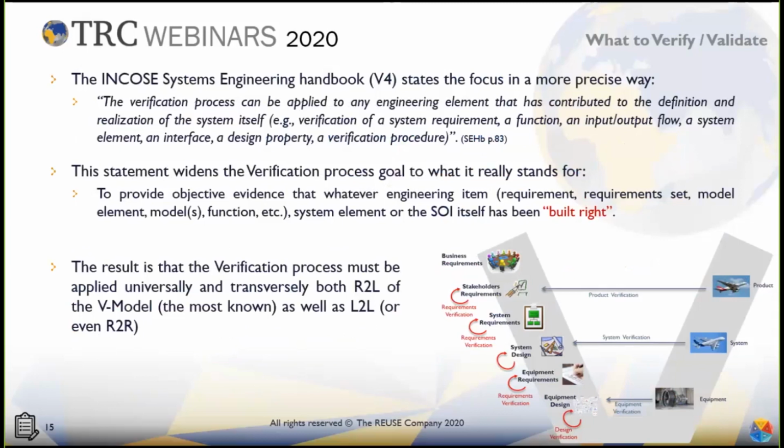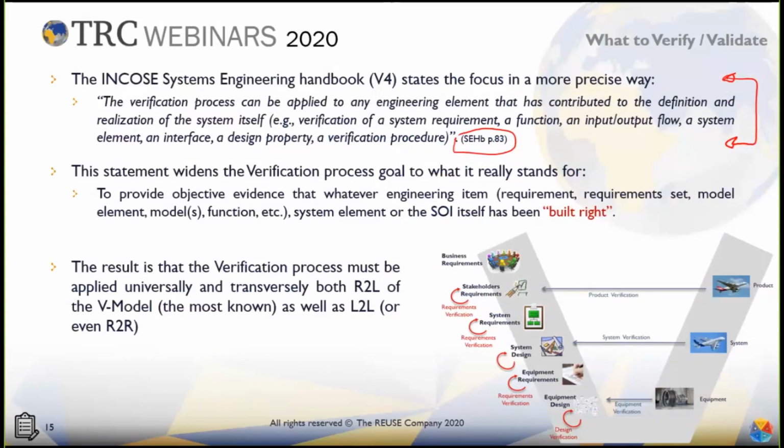So, what to verify? If we carry on reading after page 83 in the handbook, the next paragraph after the definition puts the focus on the fact that it is not only necessary to confront the system against the requirements. You can, and you should, do verification on every different work product in the systems engineering lifecycle.